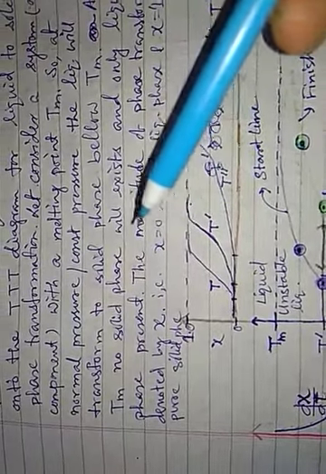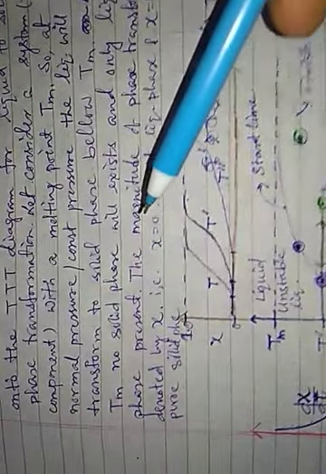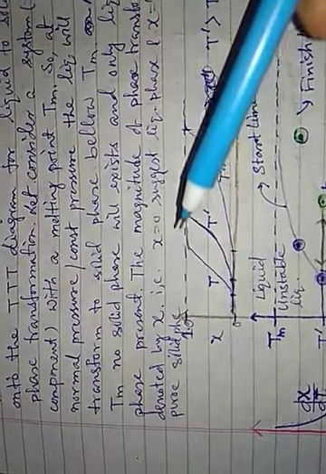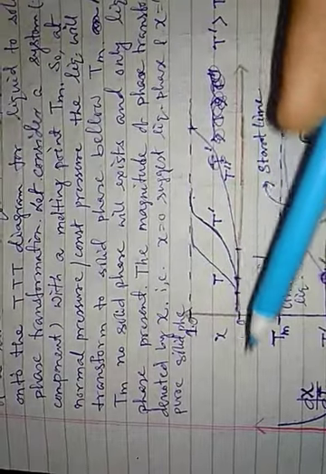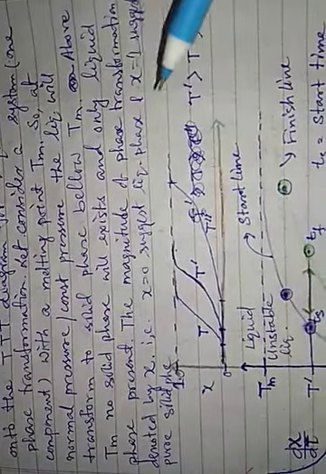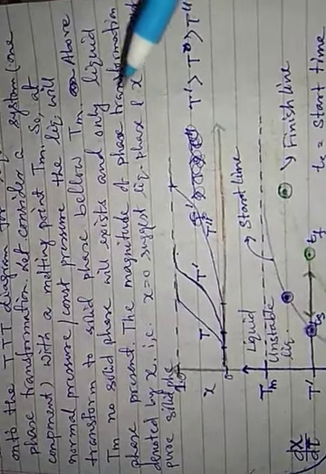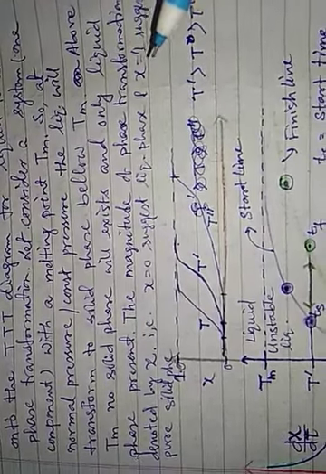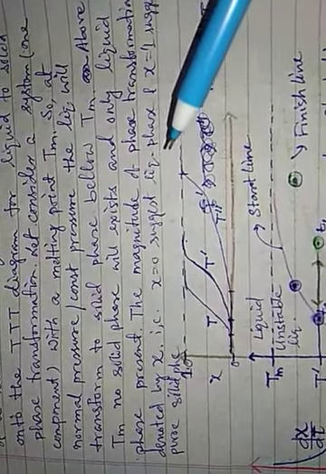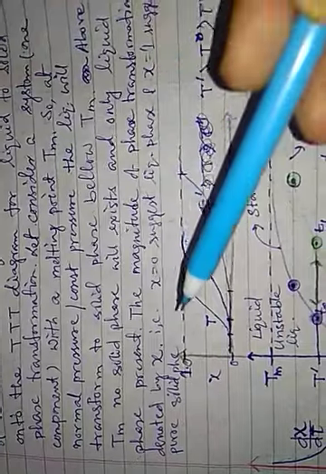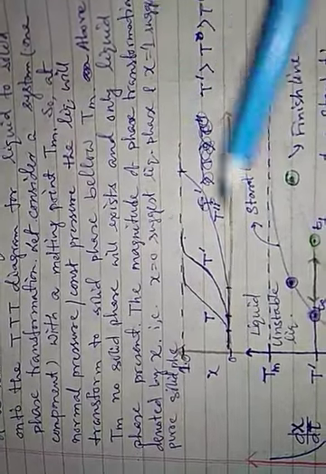So x is the extent of transformation. If x is 0, the material is present in the liquid phase. If x is 1, the material is totally transformed to the solid phase, with x going from 0 to 1.